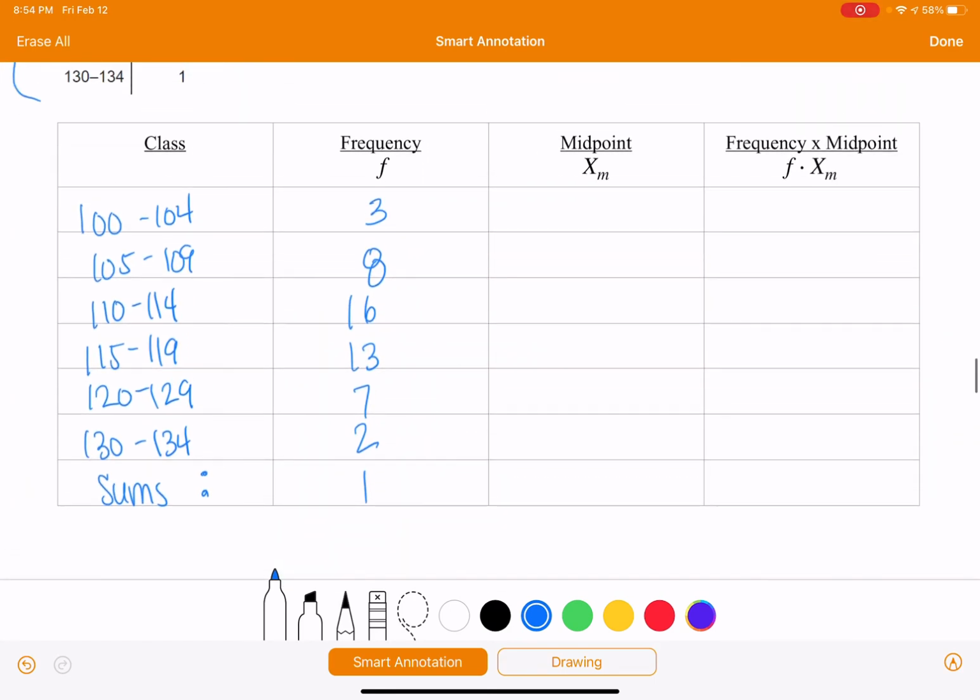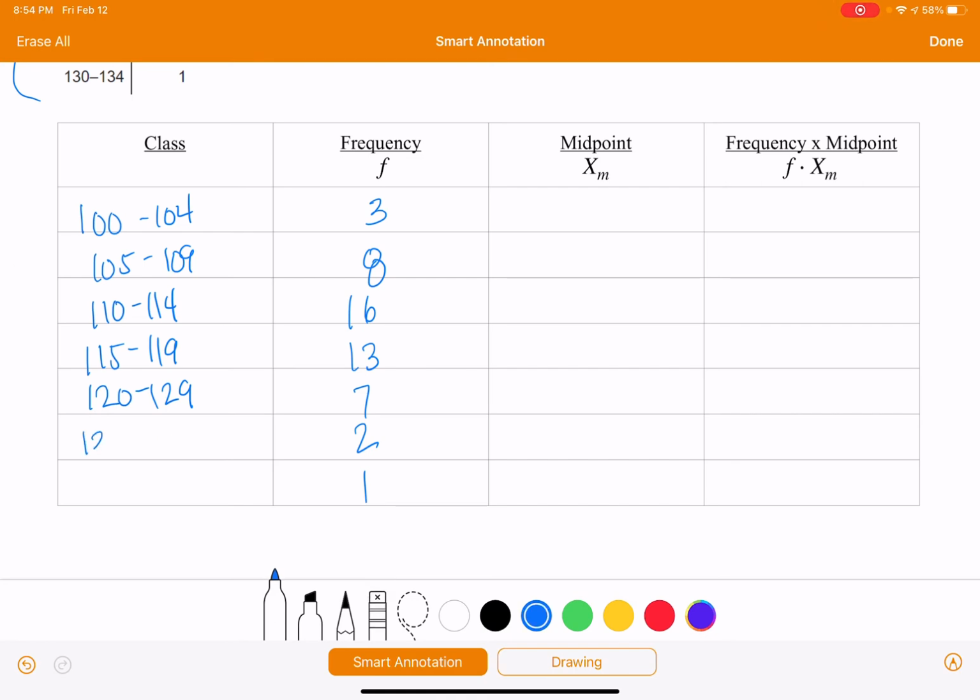I did something wrong here. 3, 8, 16, 13, 7, 2, 1. I'm skipping. 3, 8, 16, 15 to 19, 20 to 24, 25 to 29. Something's not right. Sorry, guys, may or may not have been a long day.